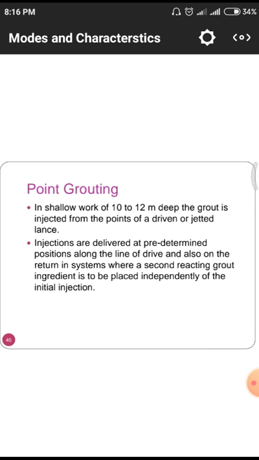So we have to divide the total length of the driven hole into a number of parts. For each part we apply material. After setting we go for the second, and after setting we go for the third. Likewise we contribute our grouting material in a number of parts and fill.